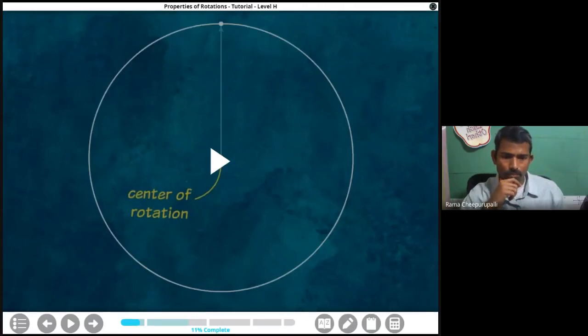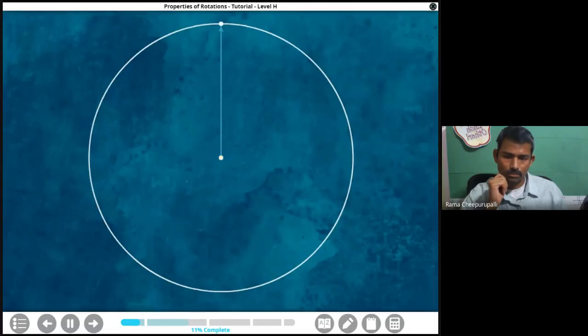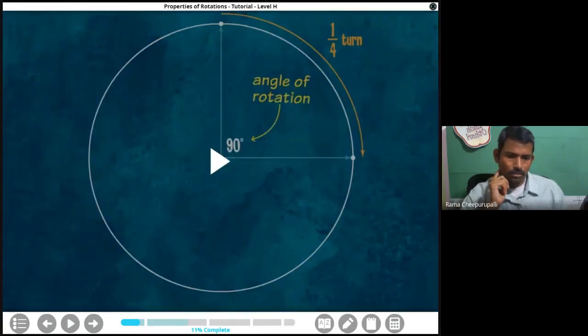All right, moving on. The center of rotation is the center of the circle. The amount of the turn is the angle of rotation. A quarter turn around the circle is 90 degrees. Rays drawn from the center of rotation to a point and its image form the angle of rotation. The next one is the angle of rotation.